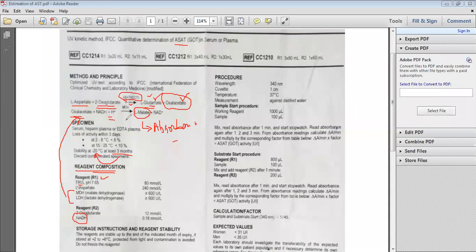The enzyme used to produce L-malate is malate dehydrogenase, and it will be available in reagent 1.